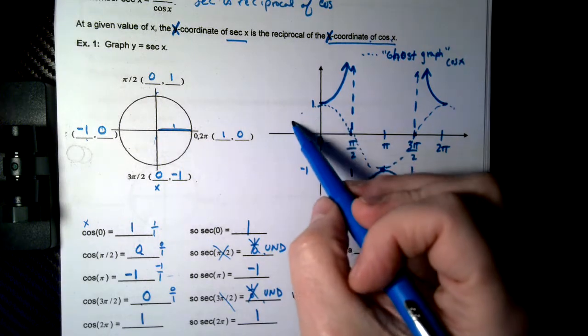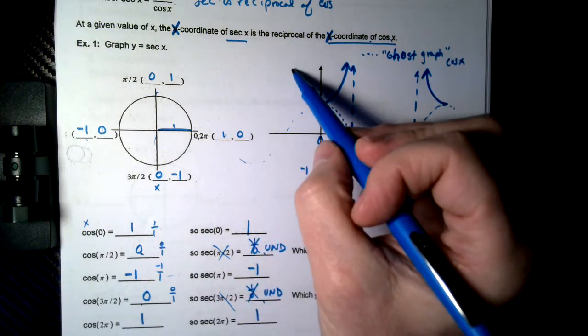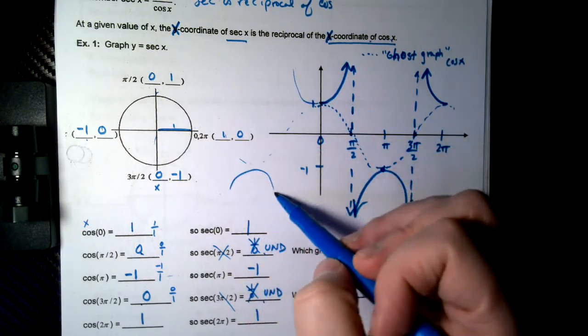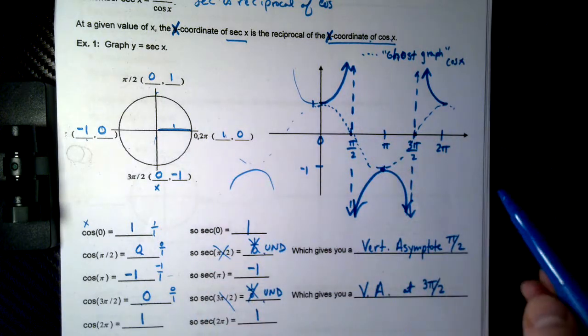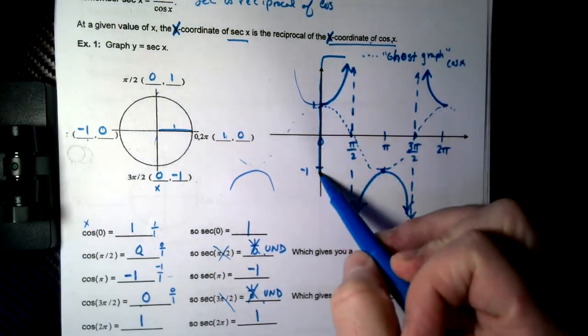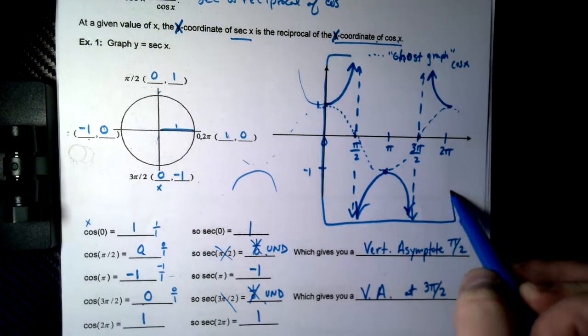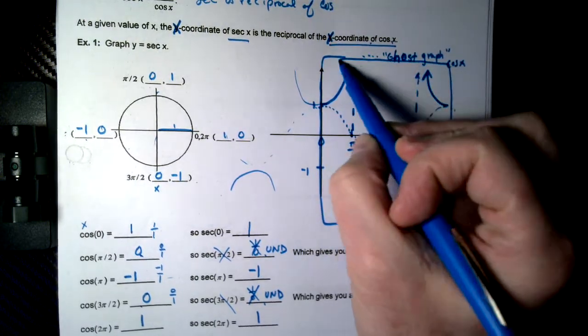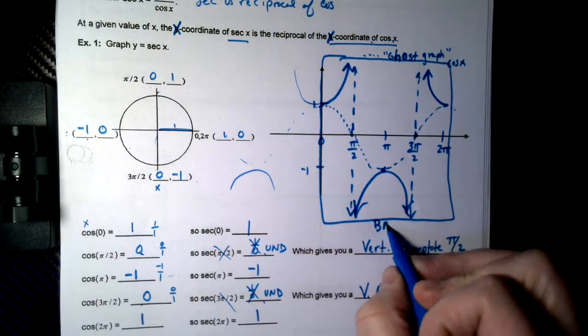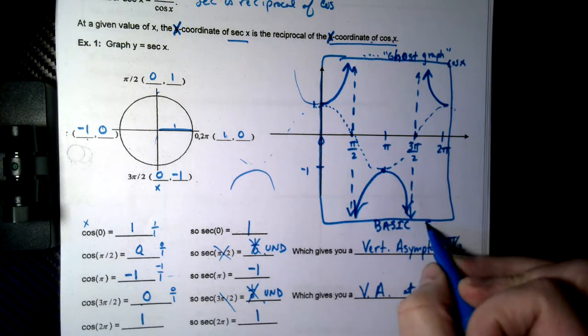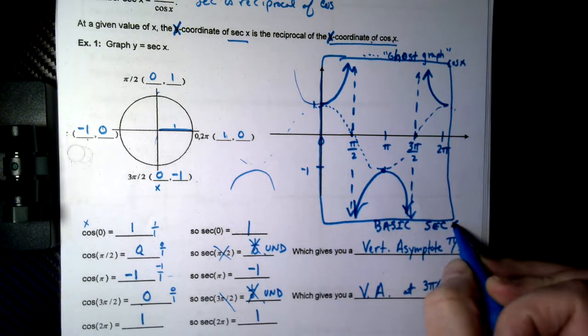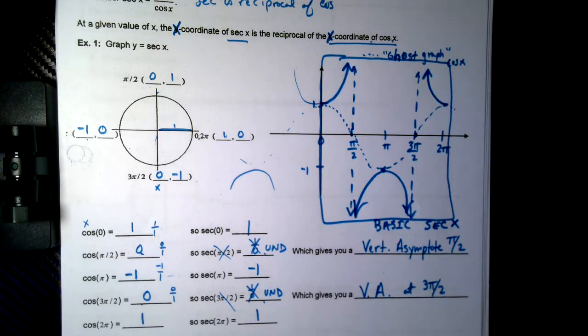Now keep in mind, if we drew the whole cosine wave, the secant graph would keep going one up, one down, one up, one down. But this box, this window right here, is the basic secant x graph. That is the basic secant x graph.